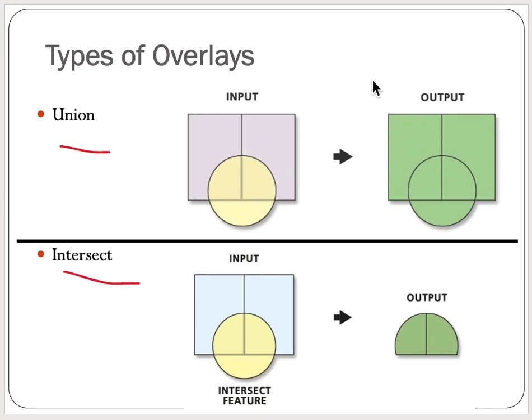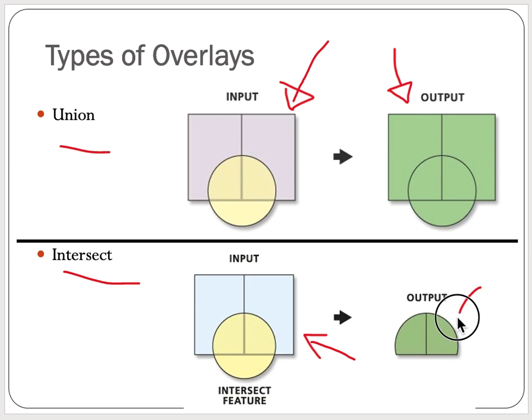So in these examples, you have the input of two polygon layers, and our output shows the same area extent of the two polygon layers. Whereas an intersect only shows where the common interest of where these two intersect.